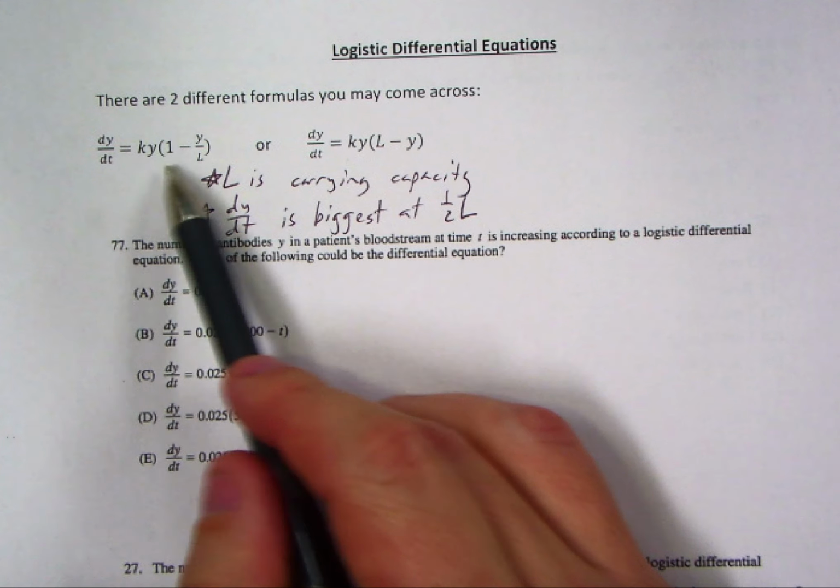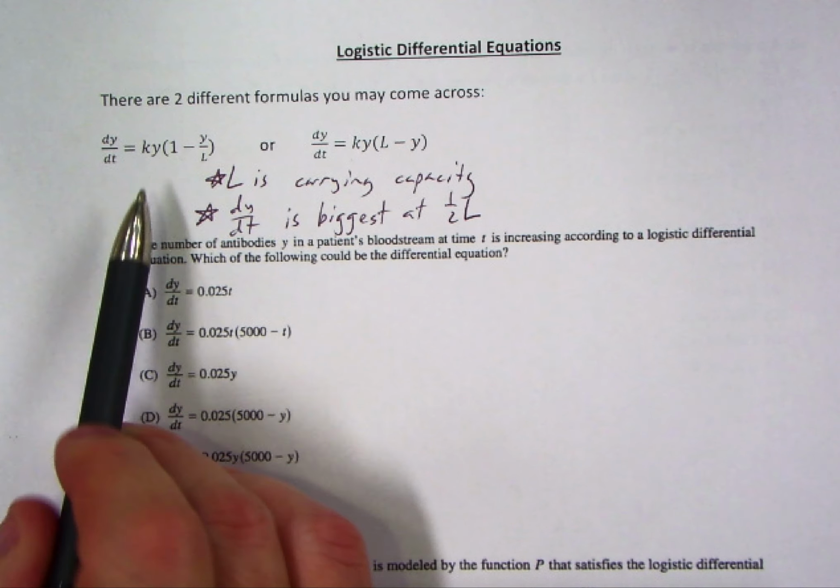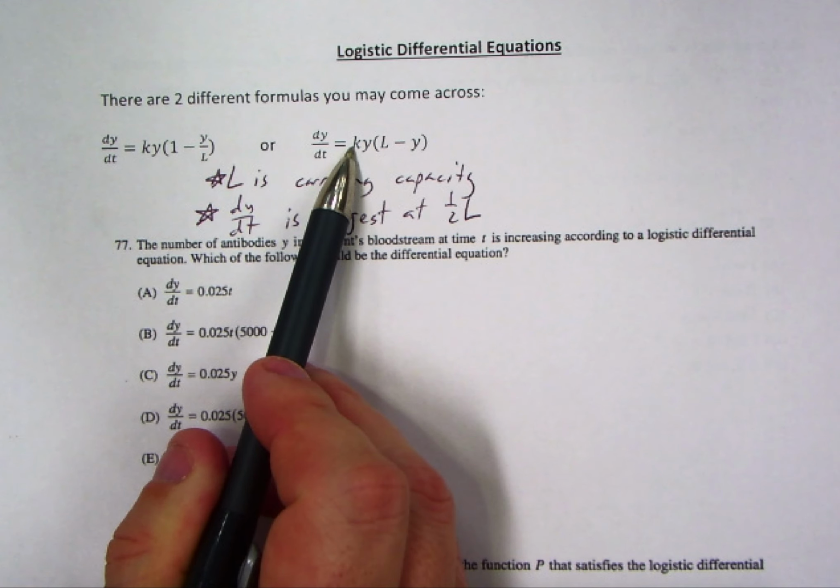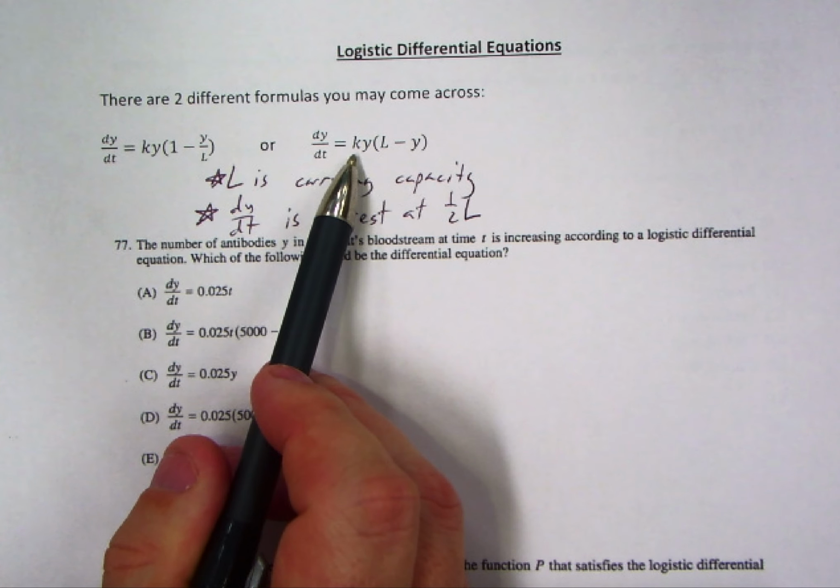The reason these two equations basically mean the same thing is, okay, so K stands for some arbitrary constant. K stands for some value. We don't know what it is when the problem starts, okay?